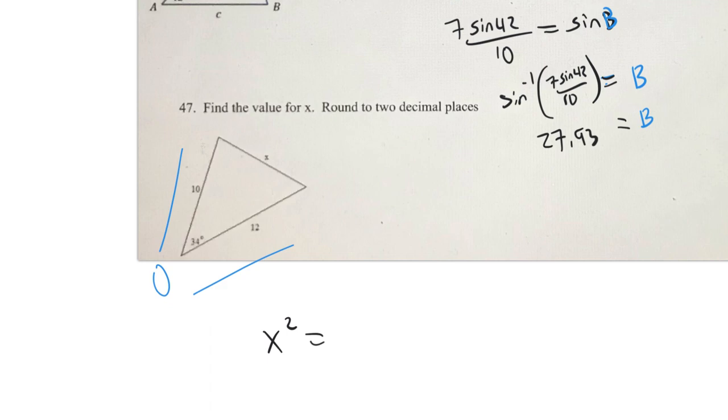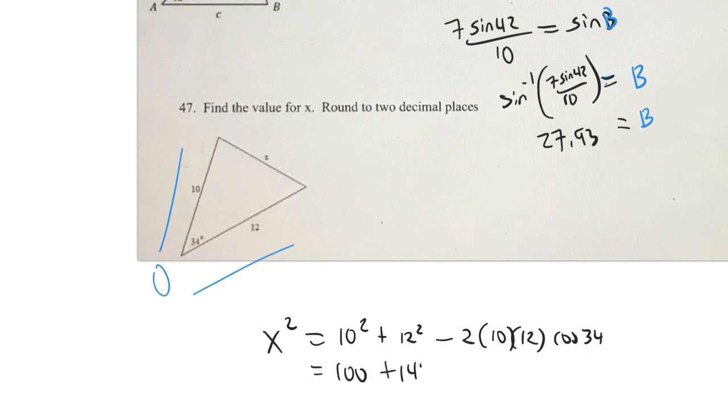So it's going to be x squared equals 10 squared plus 12 squared minus 2 times 10 times 12 times cosine of 34 degrees. At that point, we're looking at 100 plus 144 minus, let's see, that's 20 times 12, which is 240. And then we have cosine of 34.